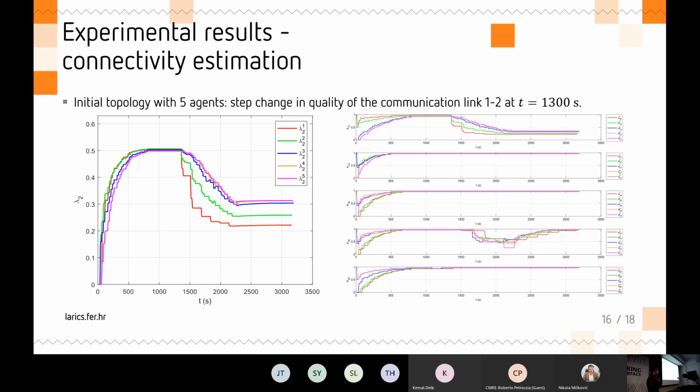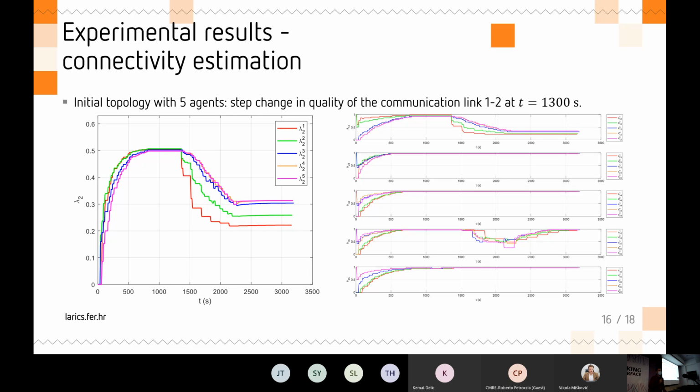But in order to ensure faster convergence, each of the agents runs the consensus locally with the last received values. So this is why there are these steps in the graph. Basically, during this time, the agents run local consensus, and then when new information comes, there is this big step up.